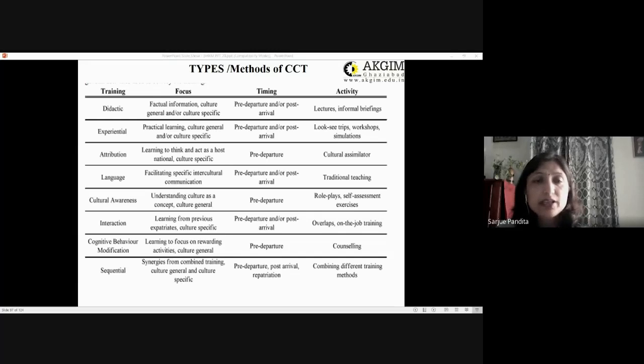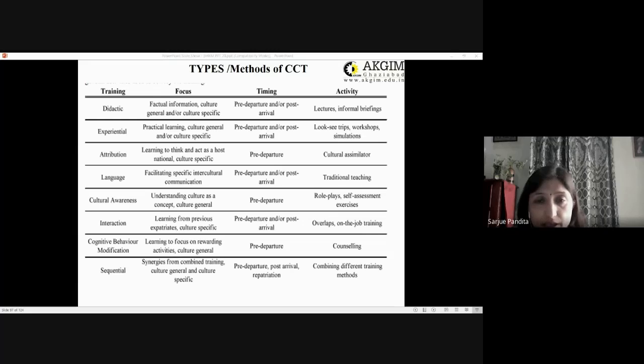Cultural assimilator means, for example, you might show a picture, you might show a documentary, through which he is actually thinking, and role plays. It could be role plays as well, or direct interaction with another person who hails from that host country.